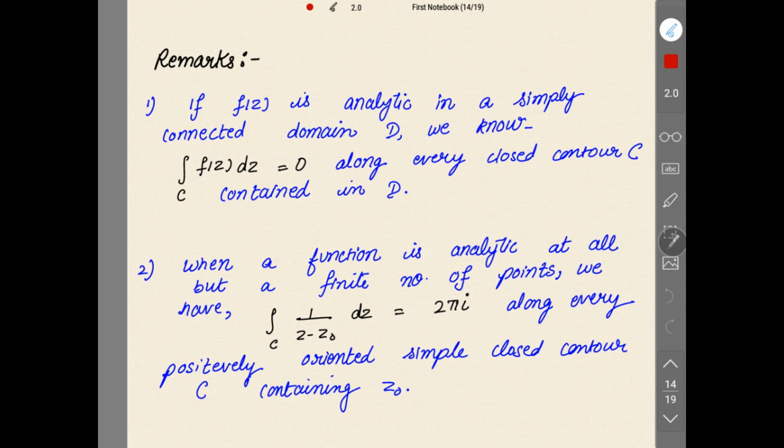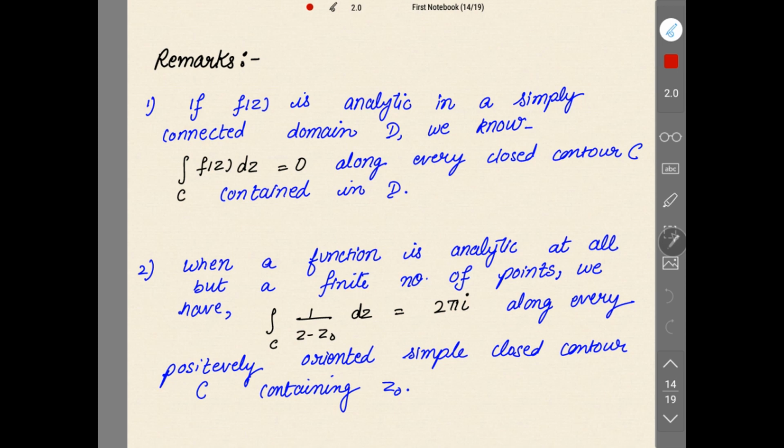The second one is, when a function is analytic at all the points but a finite number of points, we have the integral over C of 1 over (z minus z naught) dz as 2 pi iota along every positively oriented simple closed contour C containing the point z naught.